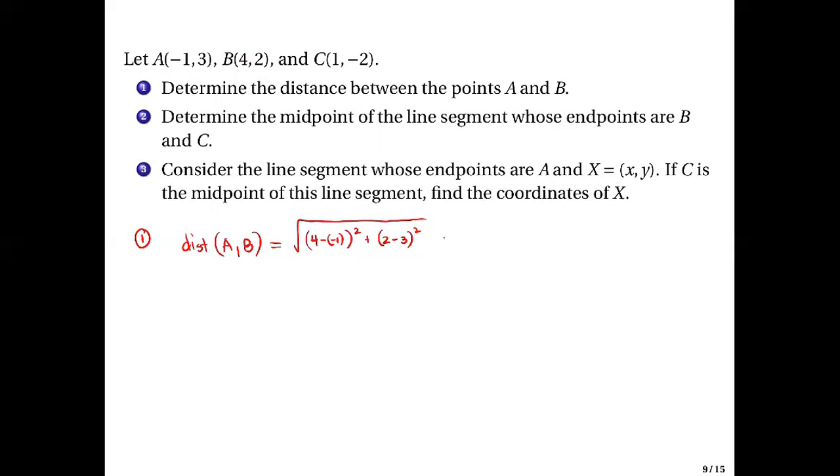So for this, we'll just have square root of 4 minus negative 1, that's 5 squared, plus 2 minus 3, that's negative 1 squared. So this is just a square root of 25 plus 1, which is equal to square root of 26. So this is the distance between A and B.